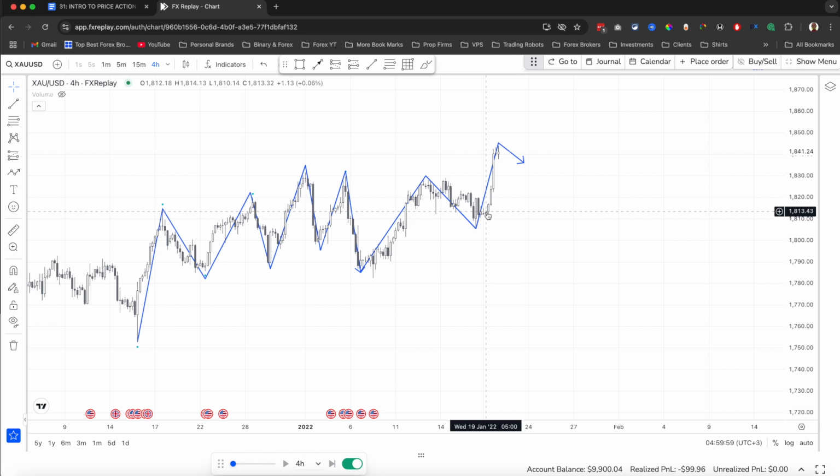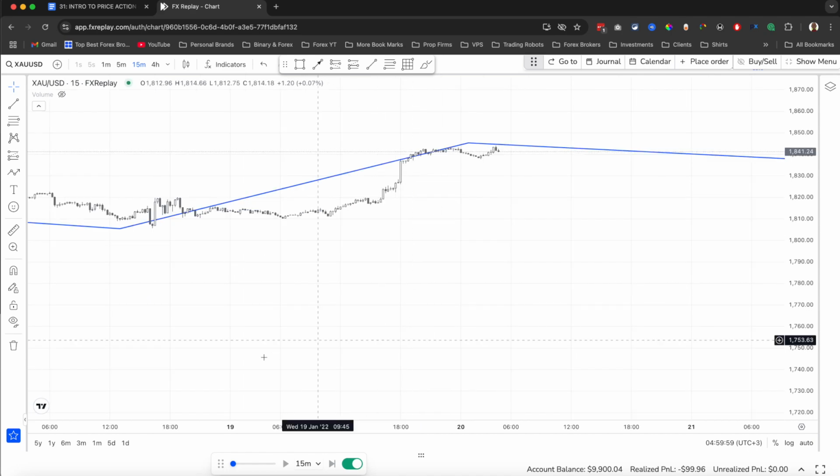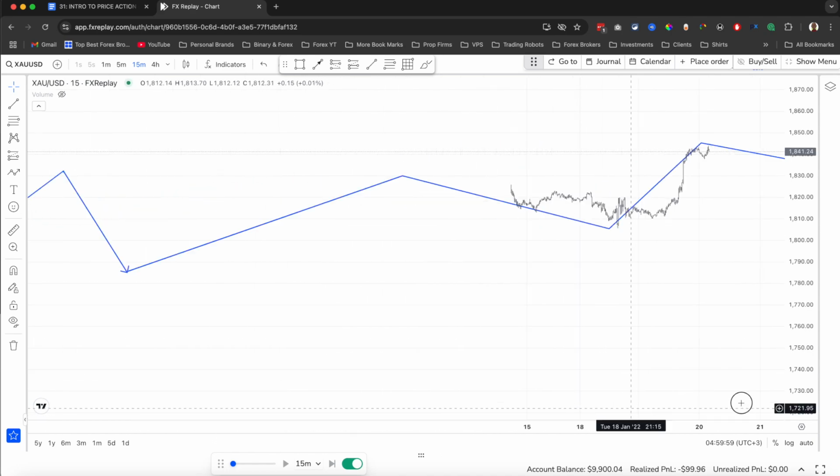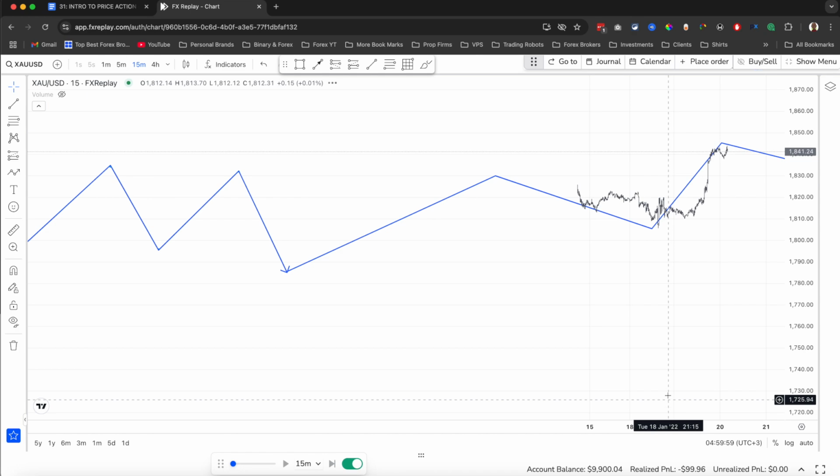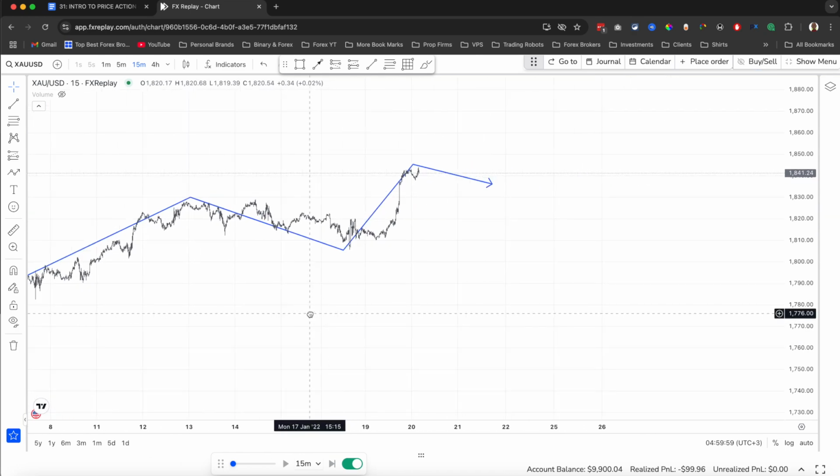If the market is going up, there is a very big likelihood that it keeps going up, because this candle represents 4 hours. If we go to a 15-minute time frame, we'll see the same exact thing. You see the points that we marked, but each candle now represents 15 minutes.